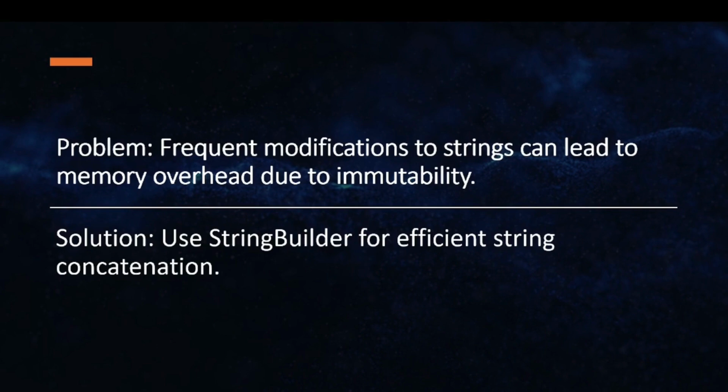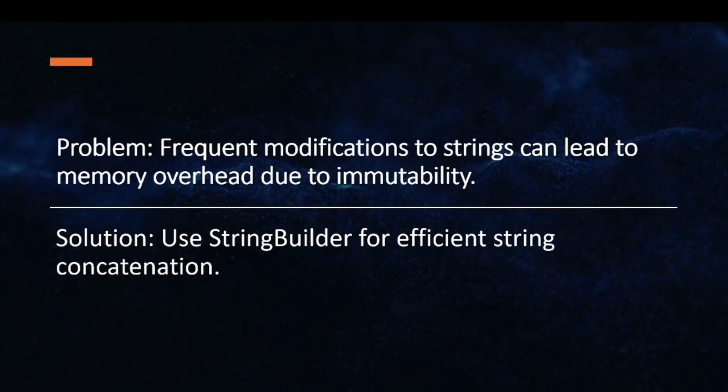So, to solve this problem, C# provides the StringBuilder class. This class is designed for efficient string manipulation. Unlike regular strings, StringBuilder is mutable, so you can change its content without constantly creating new objects in memory.